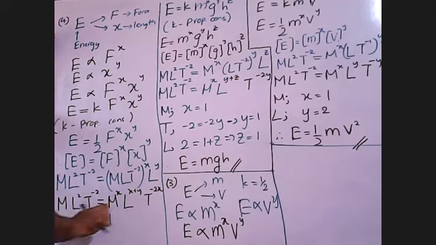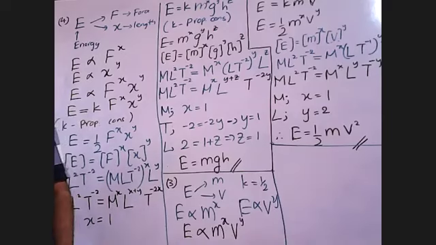Then I can equate the powers of L. I don't want to equate the powers of T because the powers of T give x again. Therefore, no need to compare that.